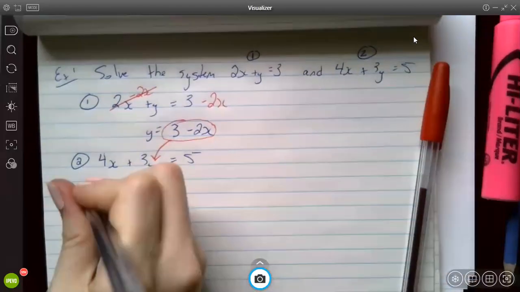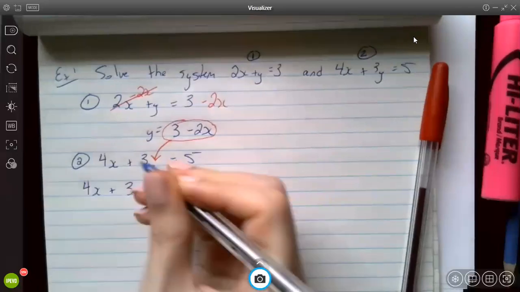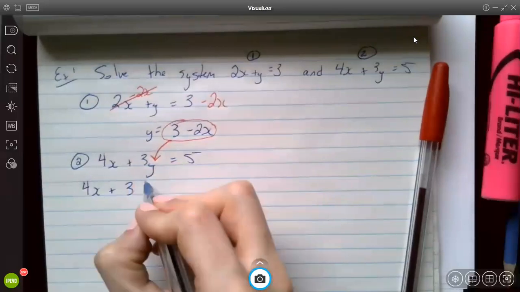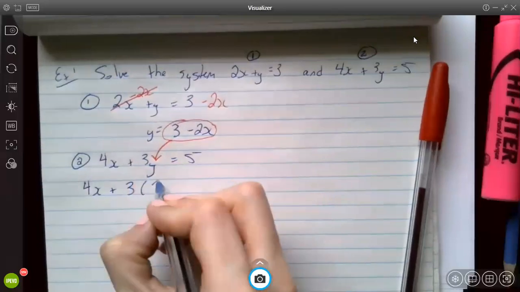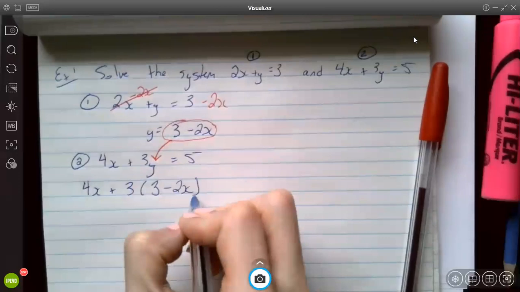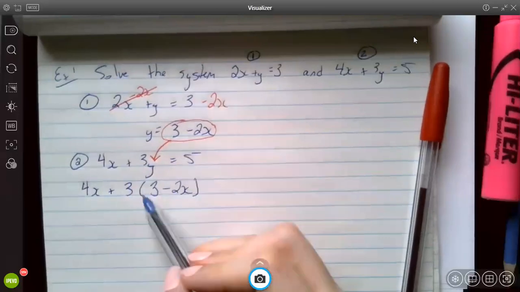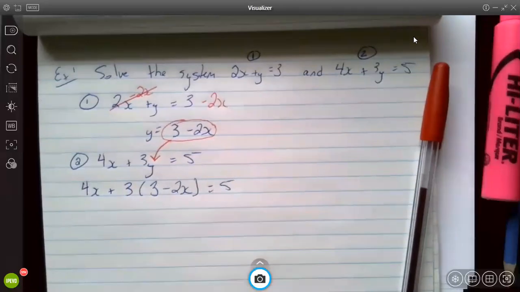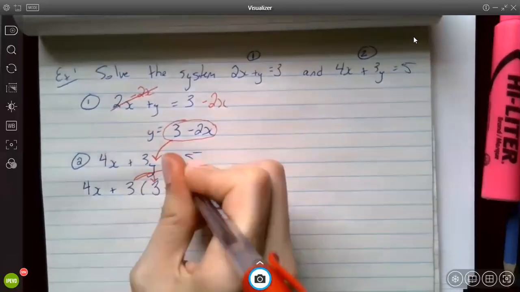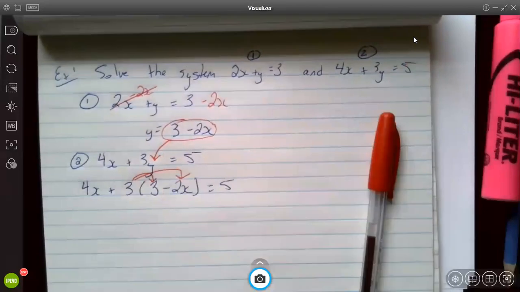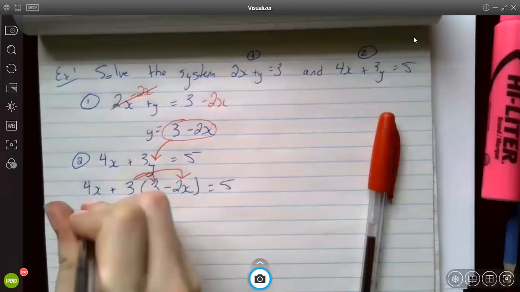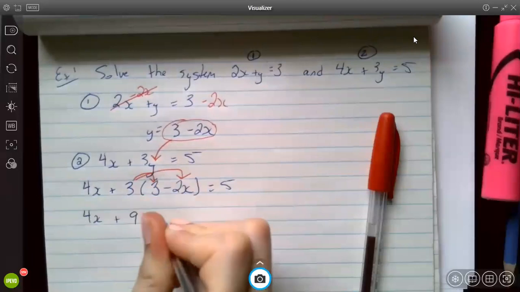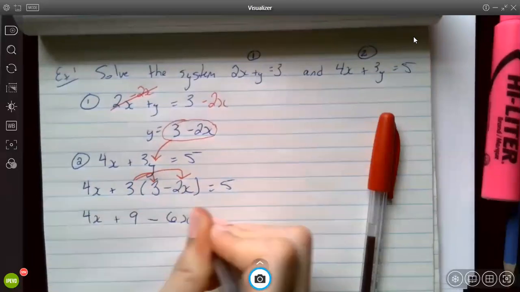So that will leave me with 4x plus, and now instead of 3 times y, it's 3 times 3 minus 2x, since that's what I've replaced the y with, equals 5. Then, of course, I need to distribute that 3 into the brackets. So that'll leave me with 4x plus 9 minus 6x equals 5.